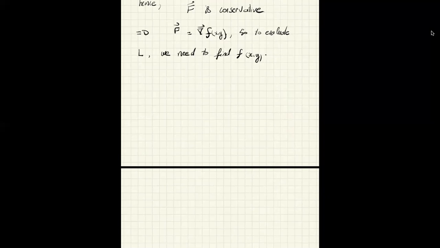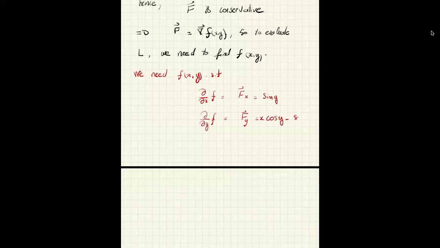So we need f such that dx of f gives fx, which is sine of y, and dy of f gives fy, which is x cos y minus sine y.